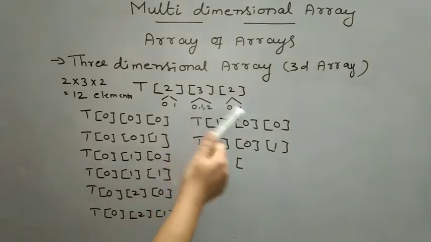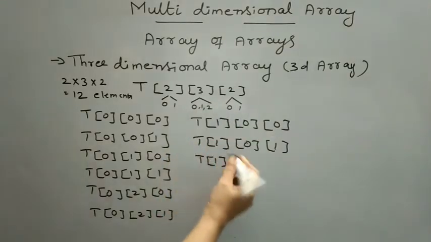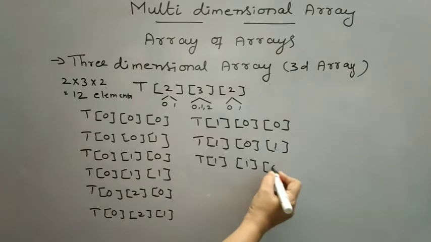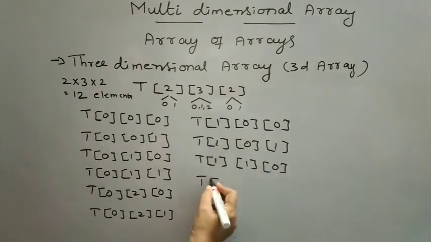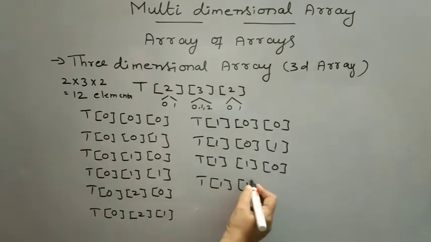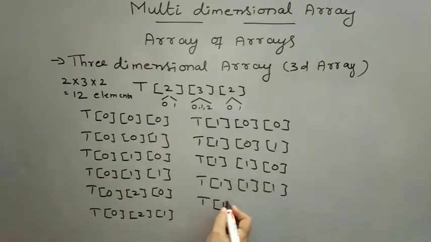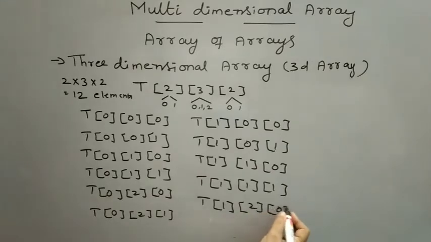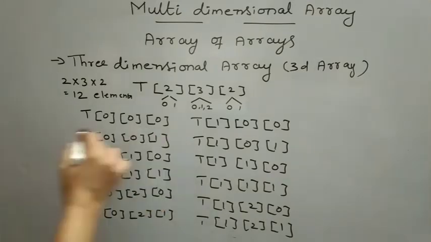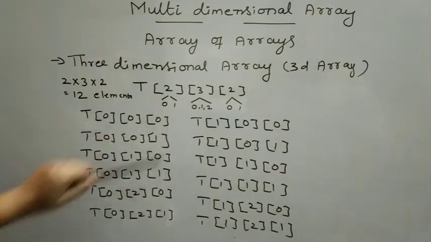So we have completed 0, 1. Now we move to the next index position: T of 1, 1, 0 and T of 1, 1, 1. Now it is 2: T of 1, 2, 0 and T of 1, 2, 1. So totally we have 6 elements in the first row and 6 elements in the second row.